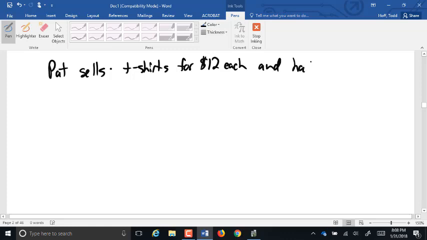Pat still sells t-shirts for $12 each and hats for $20 each.